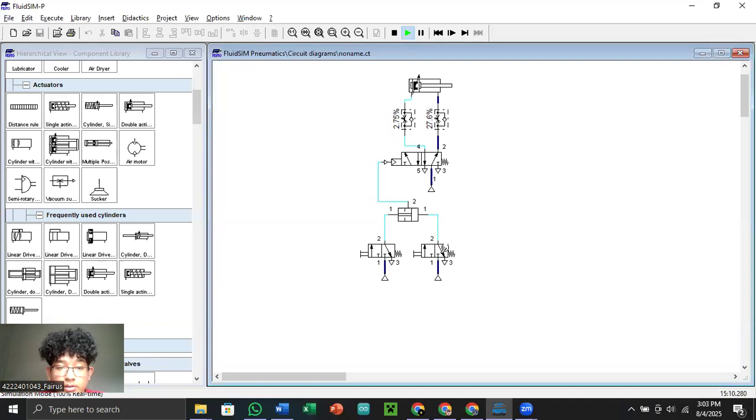However, this air is not sufficient to activate the cylinder because both buttons are connected to the two pressure valve.